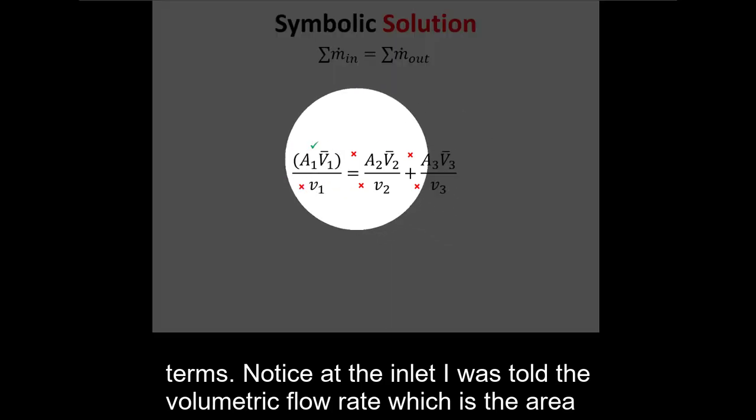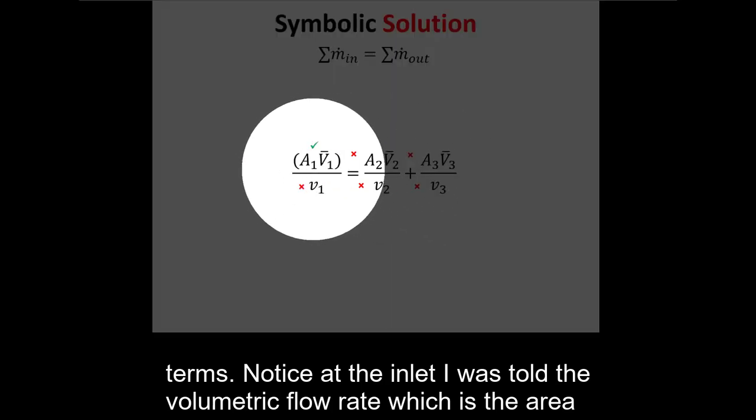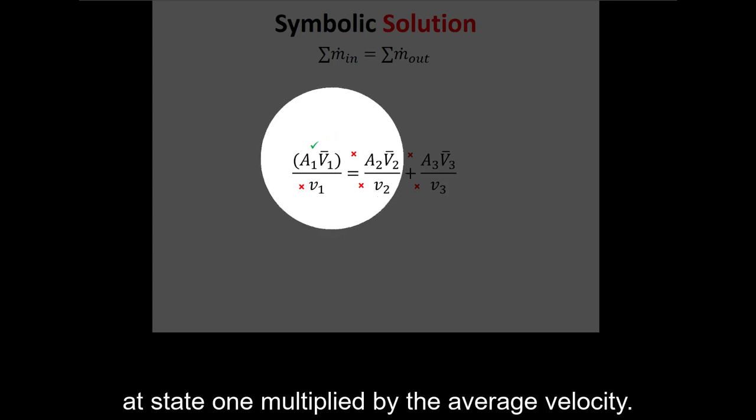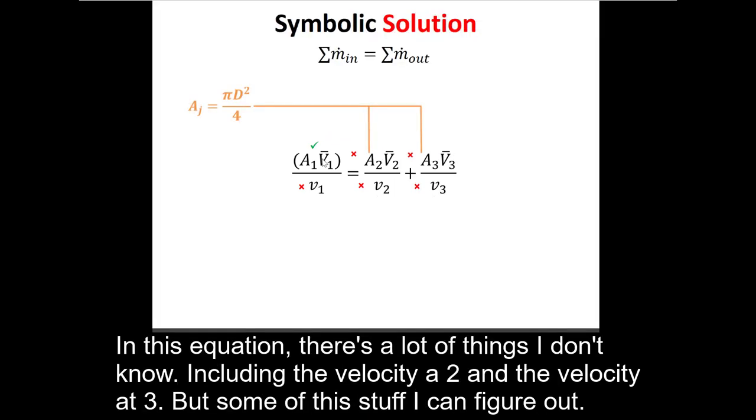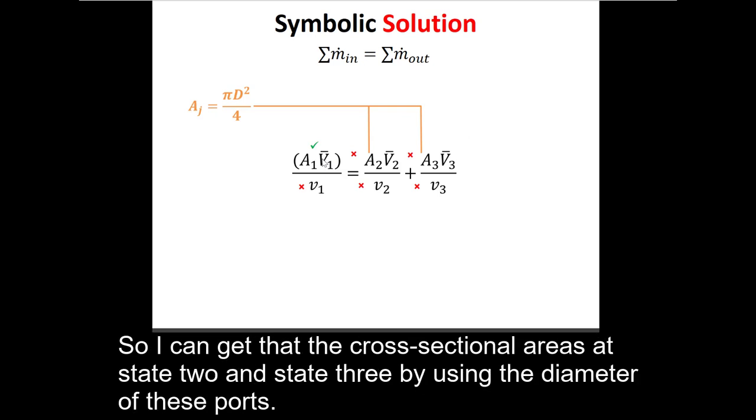Notice at the inlet, I was told the volumetric flow rate, which is the area at state 1 multiplied by the average velocity. In this equation, there's a lot of things I don't know, including the velocity at 2 and the velocity at 3. But some of this stuff I can figure out. So I can get the cross-sectional areas at state 2 and state 3 by using the diameter of these ports.